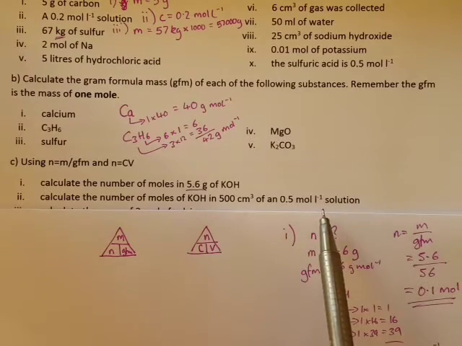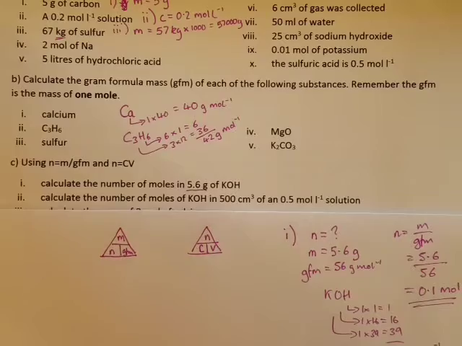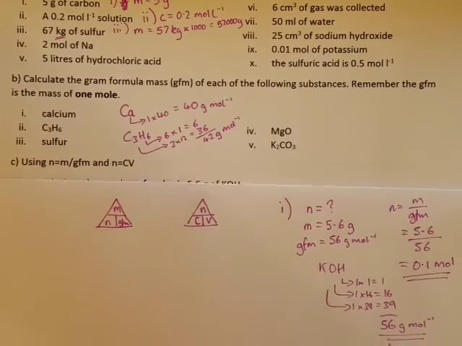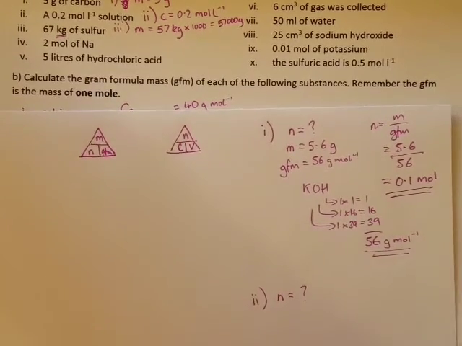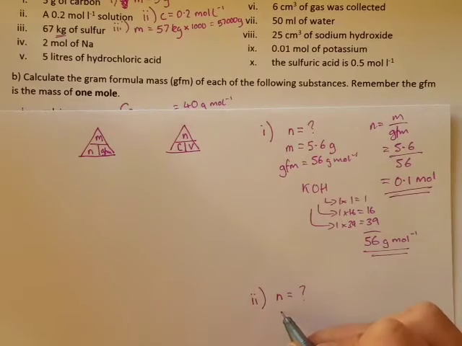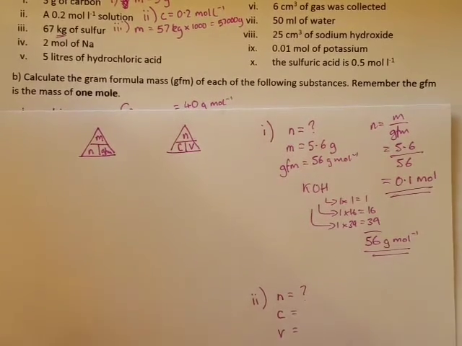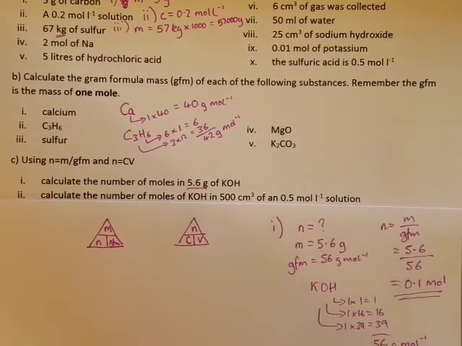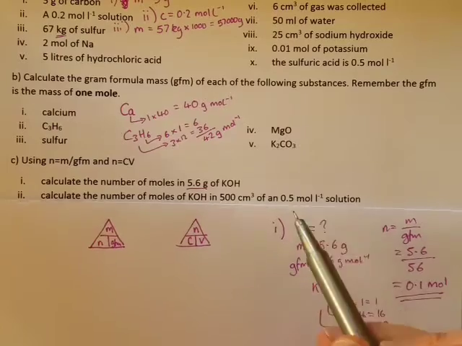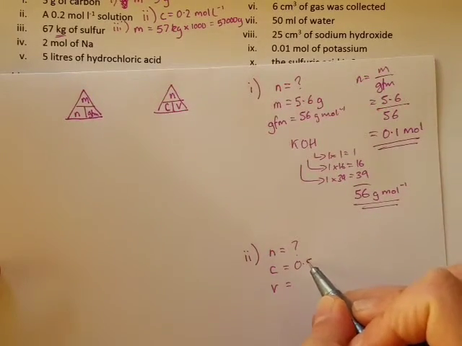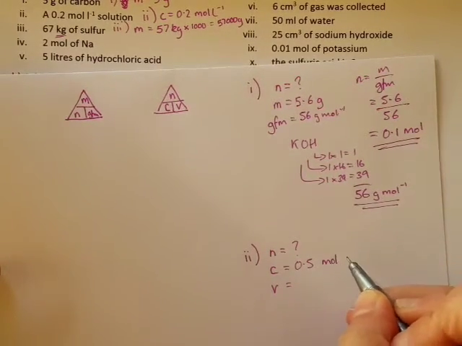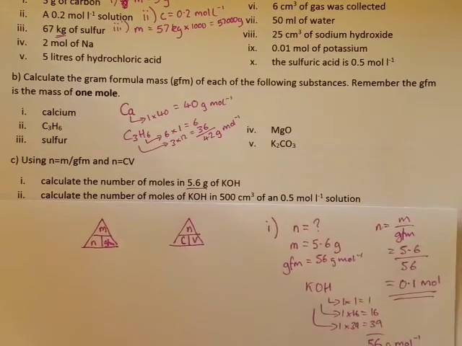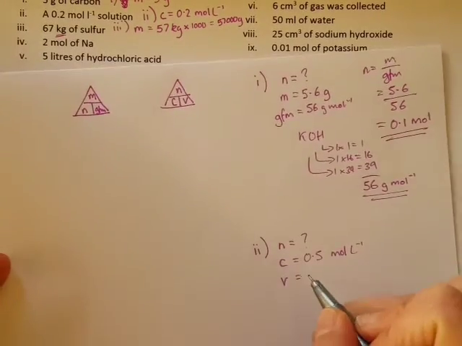That's moles per litre. So what information are you being given there? Hopefully you're seeing that what you're being given is a concentration and a volume. So in part 2, the concentration is 0.5 moles per litre, and the volume is 500 centimetres cubed.